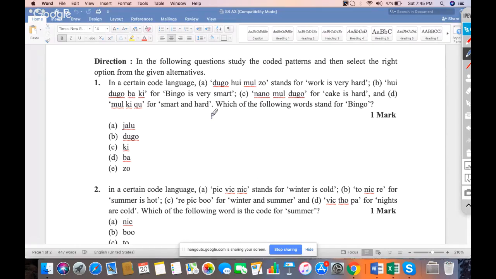So it has been told that Dugo, Hui, Mul, Jo stands for work is very hard.